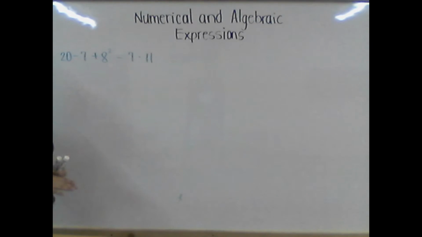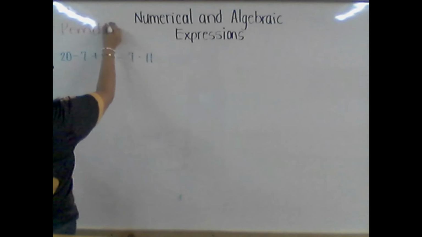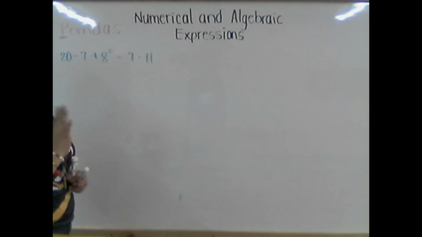So to do this, we use the order of operations. As a reminder, I'm going to write up here the order of operations or PEMDAS. So we begin looking for any parentheses or another grouping symbol. This exercise does not have any.